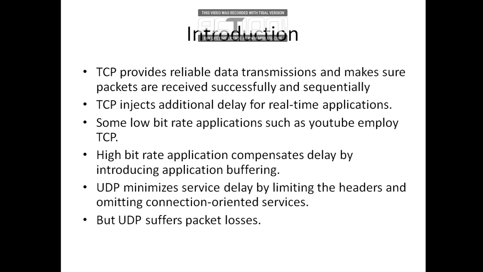In some cases, high bitrate applications compensate for this delay by introducing application buffering. But for some users, buffering is not acceptable. Meanwhile, the other protocol, User Datagram Protocol, or briefly UDP, minimizes service delay by using only limited headers and omitting connection-oriented services such as acknowledgement and retransmission.